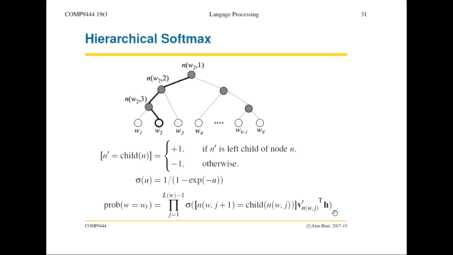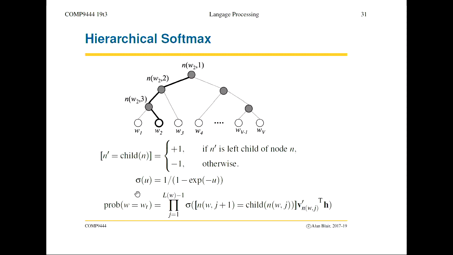So this equation is a little bit complicated, but this is saying you have a probability of branching here, and a probability of branching here, and a probability of branching here, and so the probability of choosing this word is actually the product of all those probabilities, because I choose this word if and only if I've made all of those choices correctly.